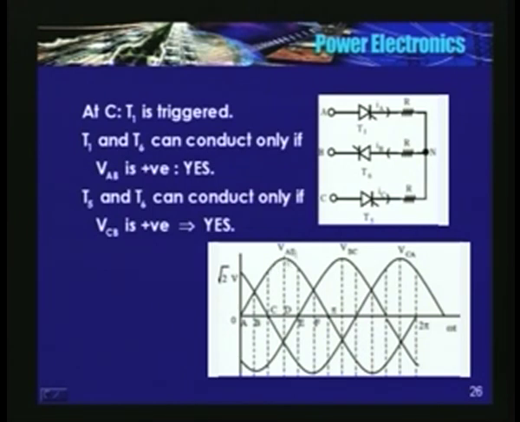Now for current to flow in this way, VCB also should be positive. Yes, see here, this is VBC, we are somewhere in this zone. Now VBC is negative, therefore VCB is positive.